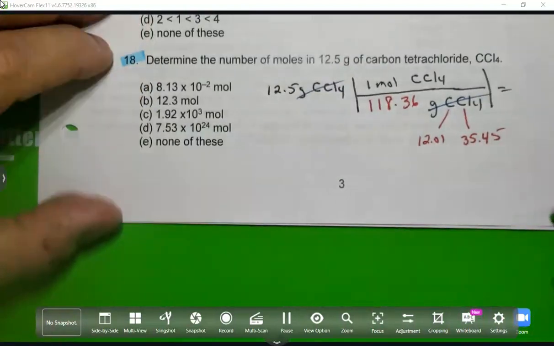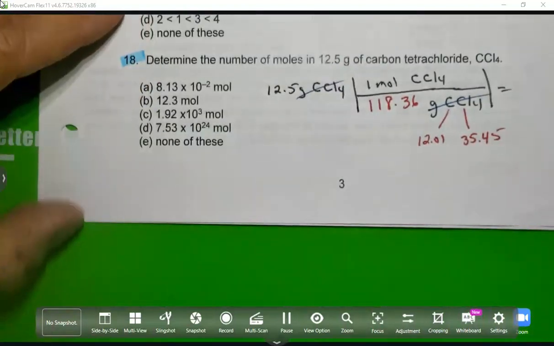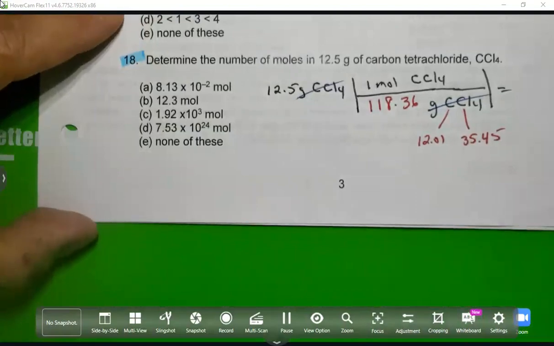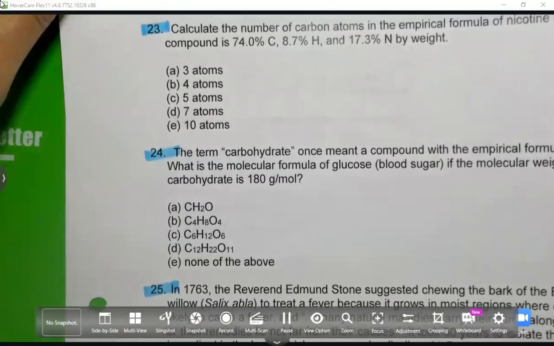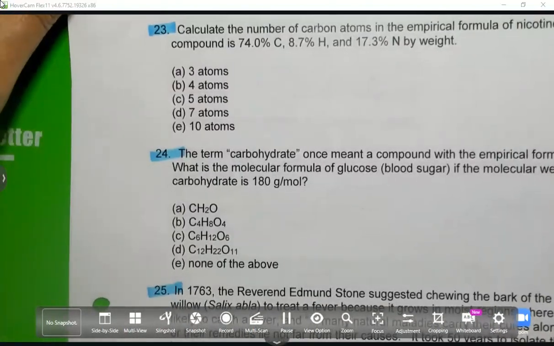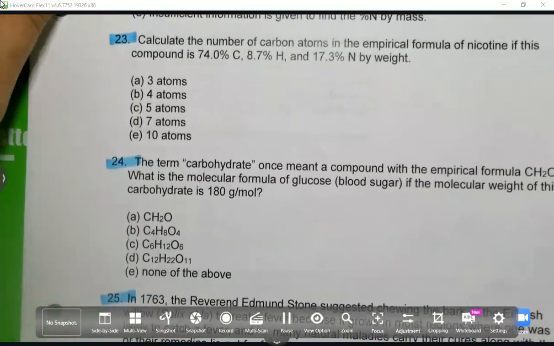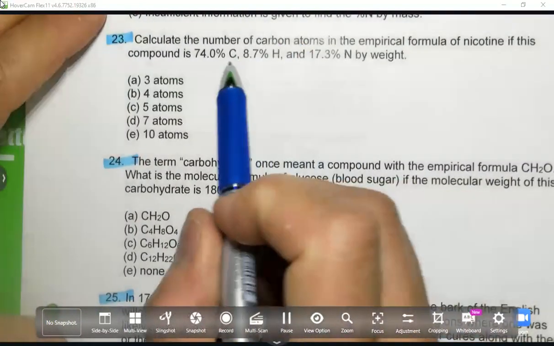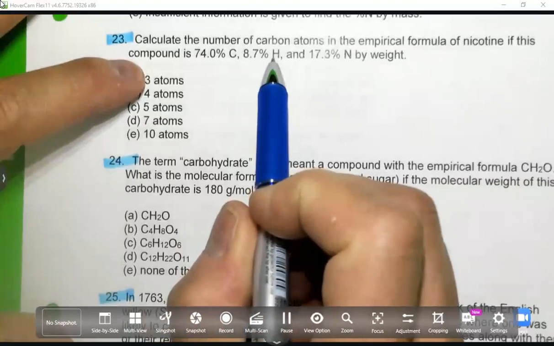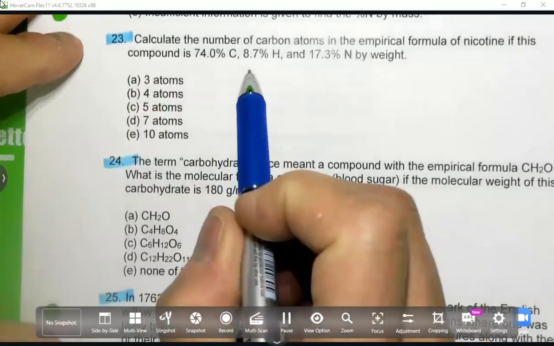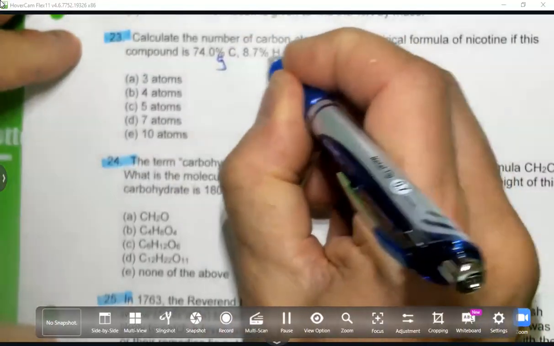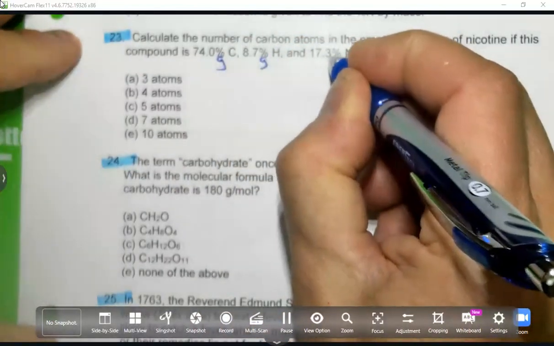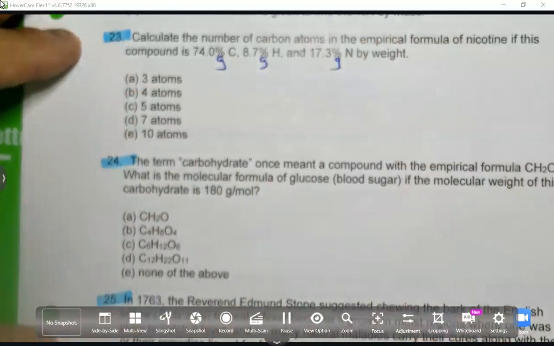All right, then we've got 23, 24, and 25. 23: calculate the number of carbon atoms in the empirical formula of nicotine. If we assume it's a 100 gram sample, and these are the percentages, we're going to change these percents to grams.